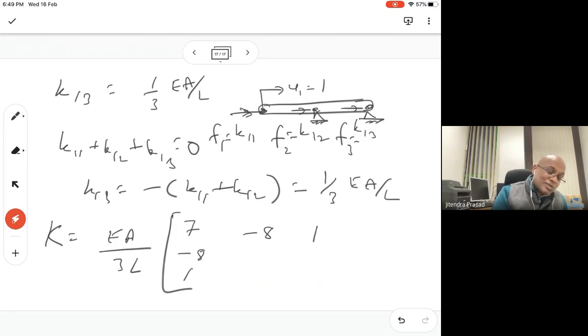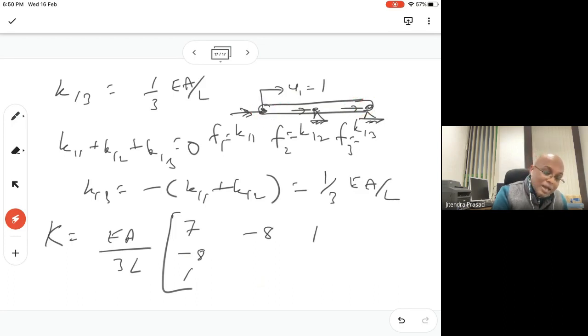Another trick, remember: whatever you get here and here, you have EA. This element is symmetric, in the sense that 1 and 3 can be replaced.